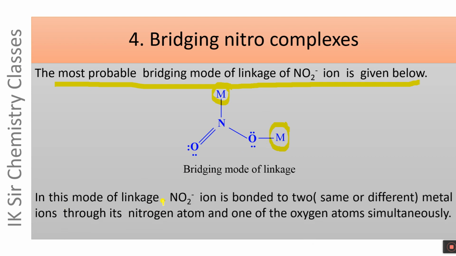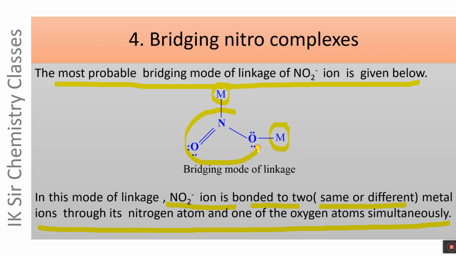In this mode of linkage, NO2 minus ion is bonded to two same or different metal ions through its nitrogen atom and one of the oxygen atoms simultaneously. In bridging mode of linkage, NO2 minus ion is coordinated to two metal ions which may be same or different through nitrogen atom and oxygen atom.